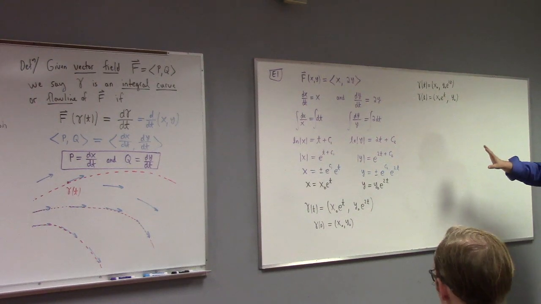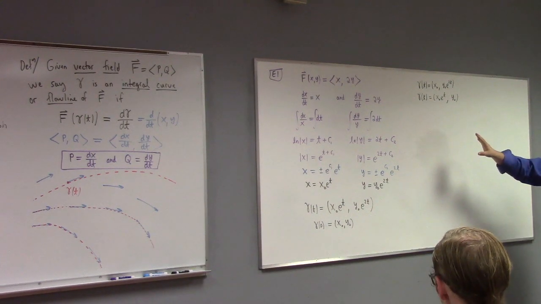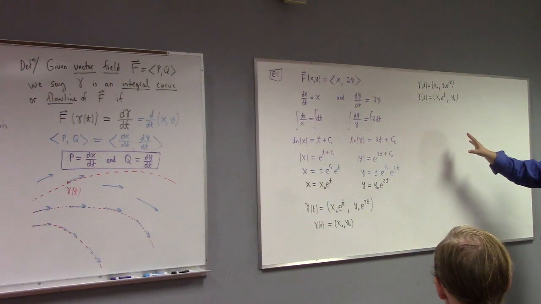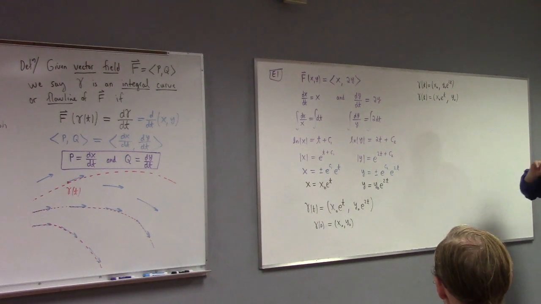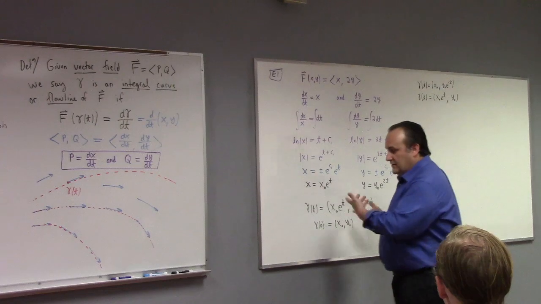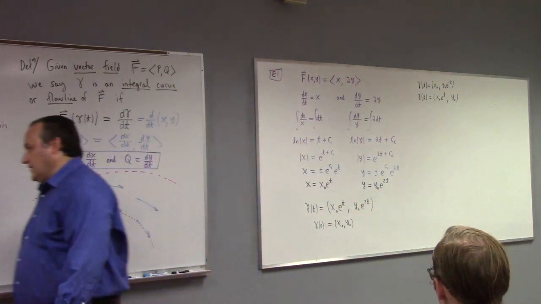But how about this? What if I want to find the Cartesian equation of the integral curve here? How should I do it?